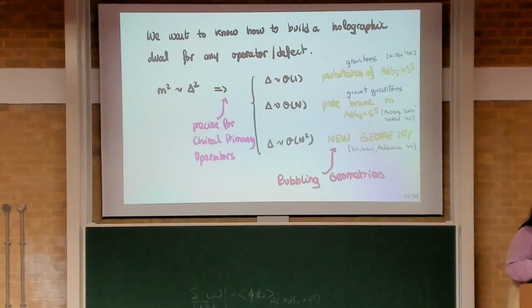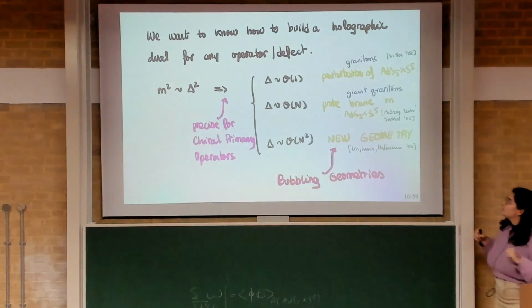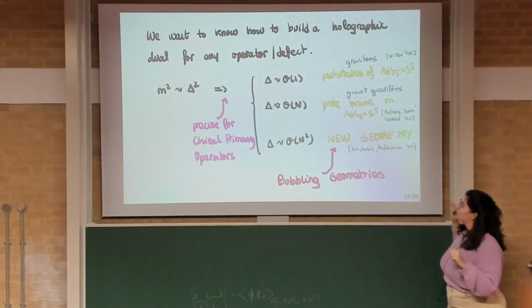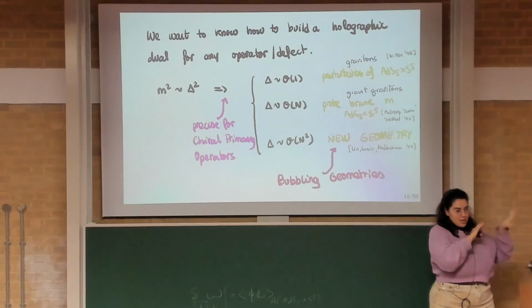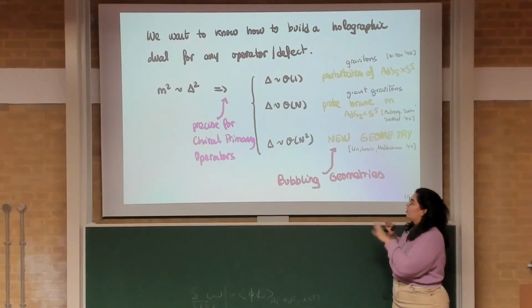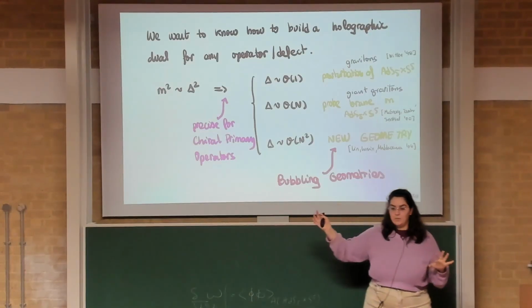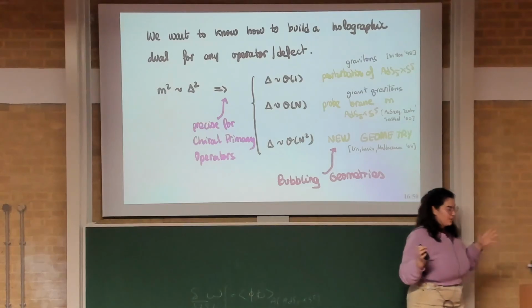Okay, so this is just to motivate what these bubbling geometries are. As I was saying in the beginning, in holography, we want to map any object of the CFT to an object of the gravity theory.